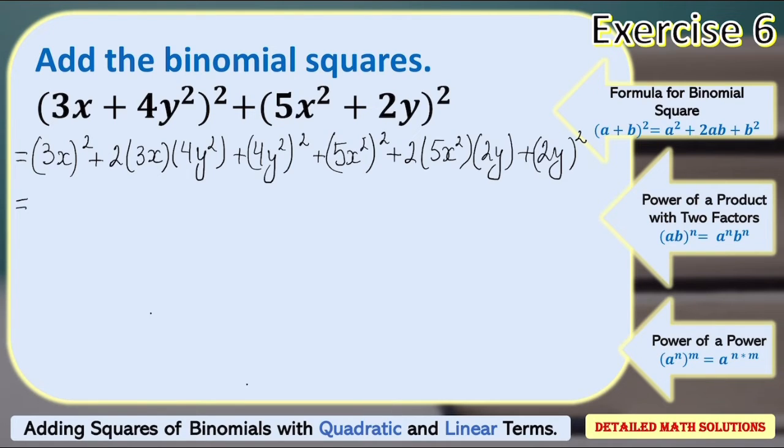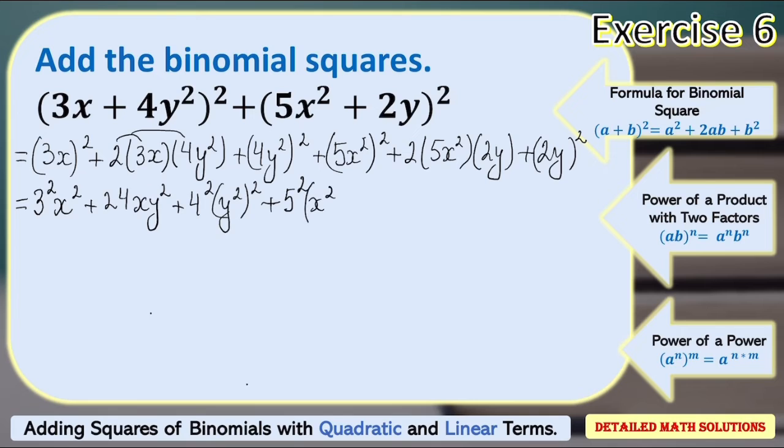This way, I get 3²x² + 2 times 3 times 4, which is 24xy, + 4²y², plus 5²(x²)² + 2 times 5 times 2, which is 20x²y, + 2²y².